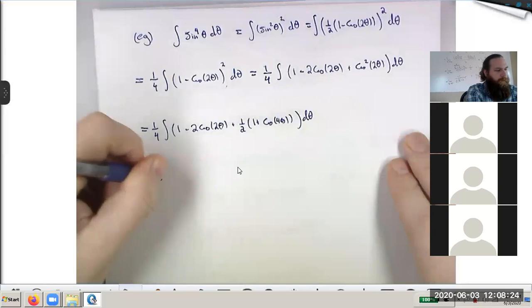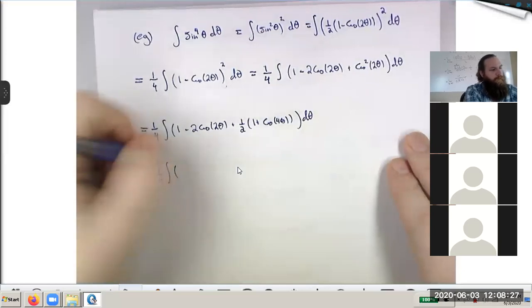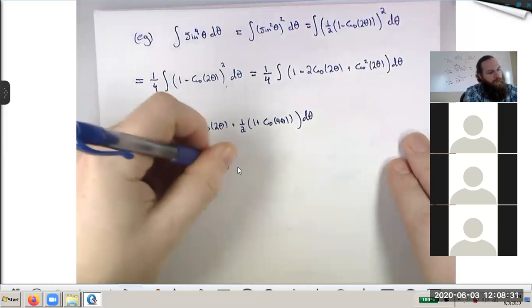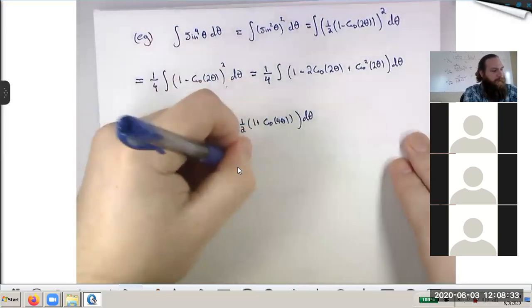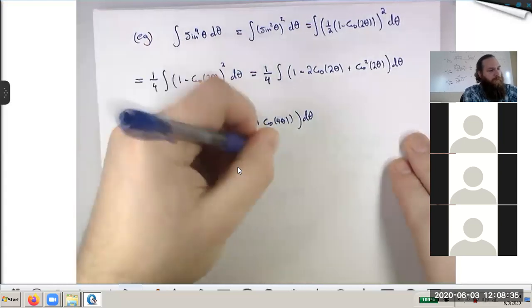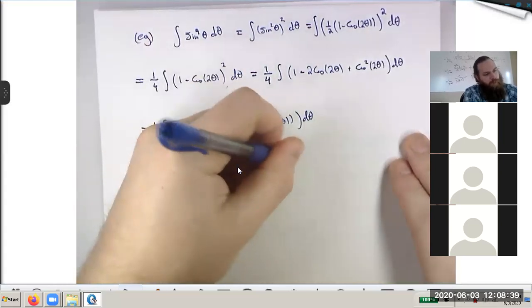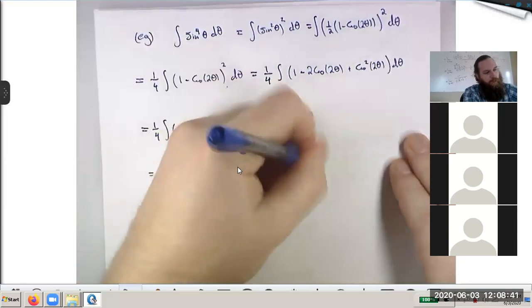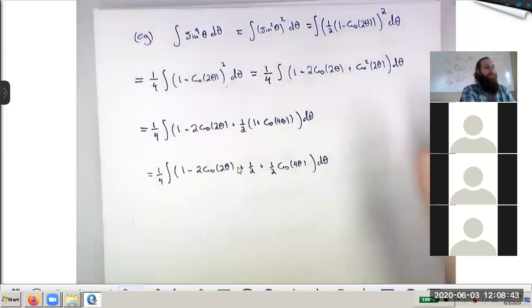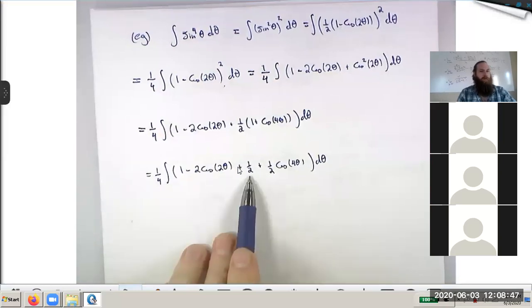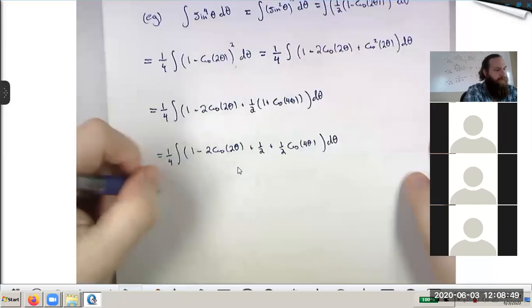So altogether, I have 1 minus 2 cos 2 theta. Distributing this 1/2, I get plus 1/2 plus 1/2 cos 4 theta d theta. And now this 1 and this 1/2 add up to 3/2.